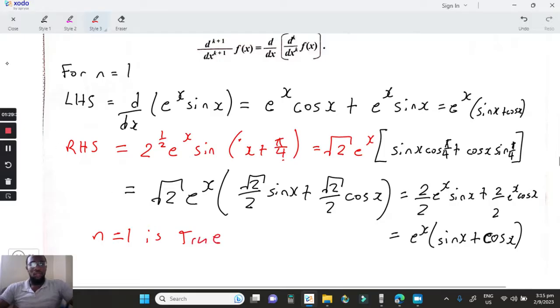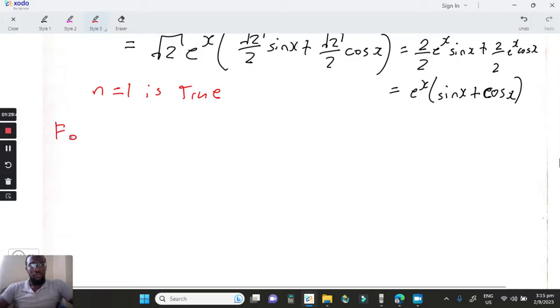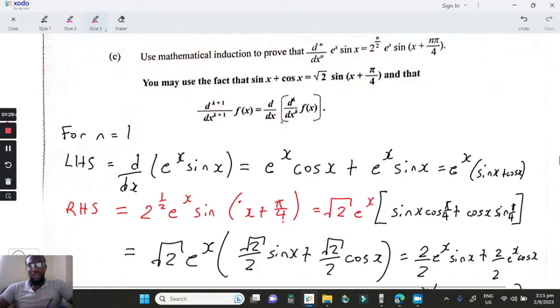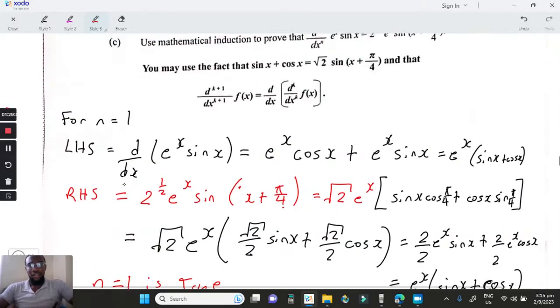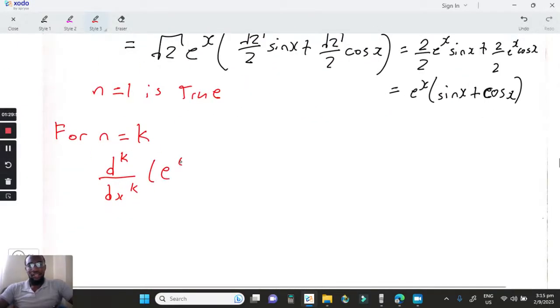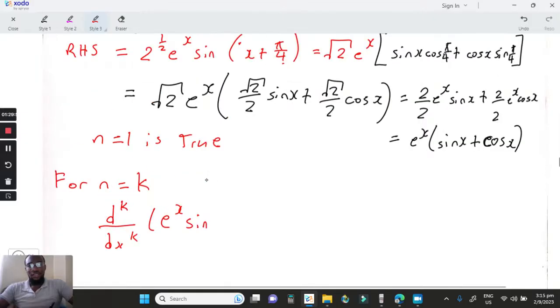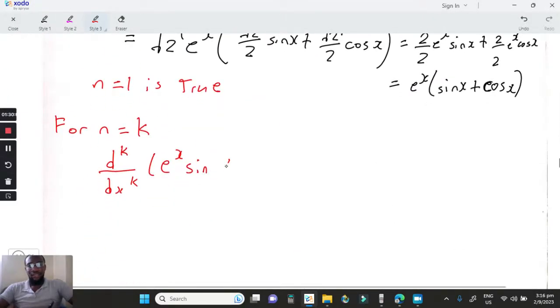So now we're going to assume n equal k is true. So for n equal k, we have our statement is d^k over dx^k of e to the x sine x.